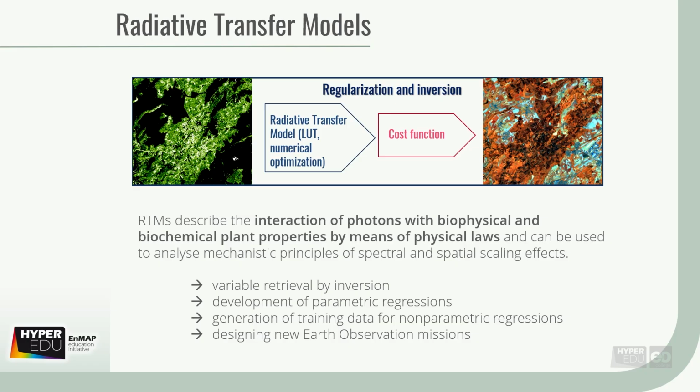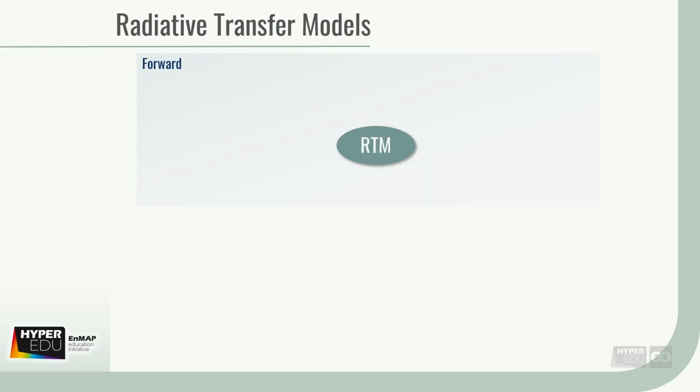They provide a physically consistent and logical link between the scattering of canopy elements and satellite observations, and can hence help to retrieve forest variables from Earth observation data. They are widely used for variable retrieval by inversion, but also for the development of parametric regressions, generation of training data for non-parametric regressions, and beyond that, for designing new Earth observation missions.